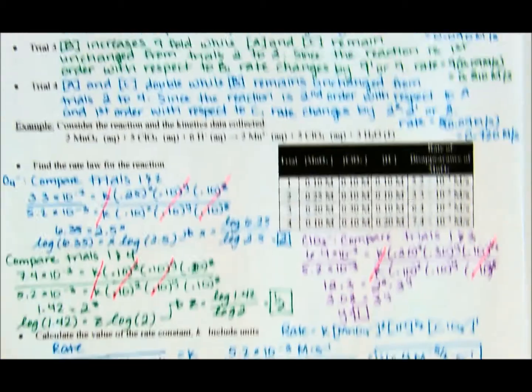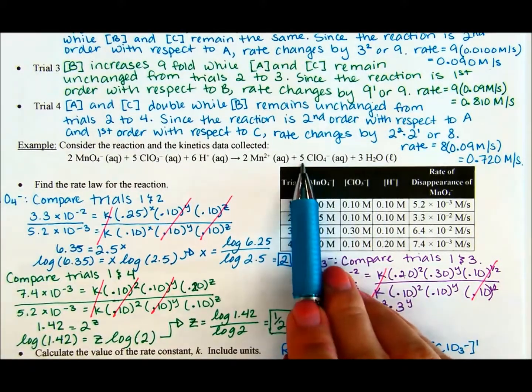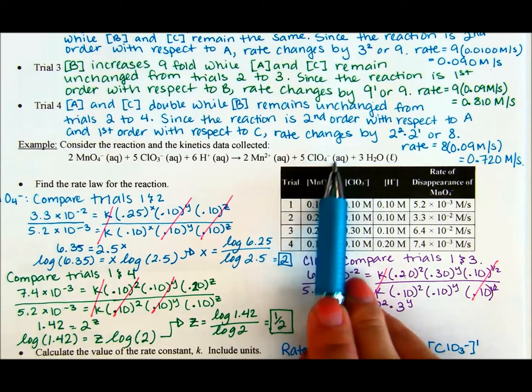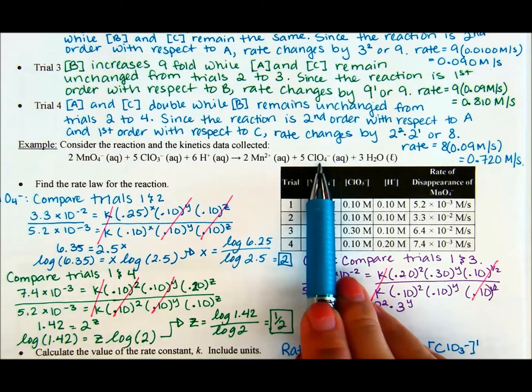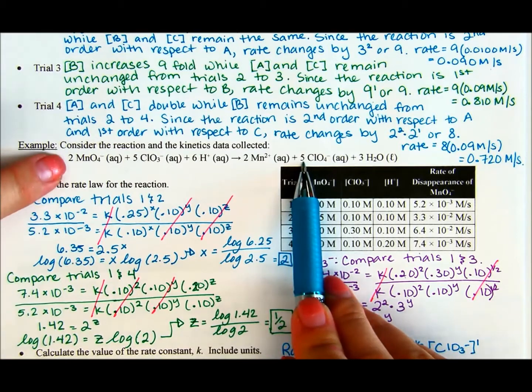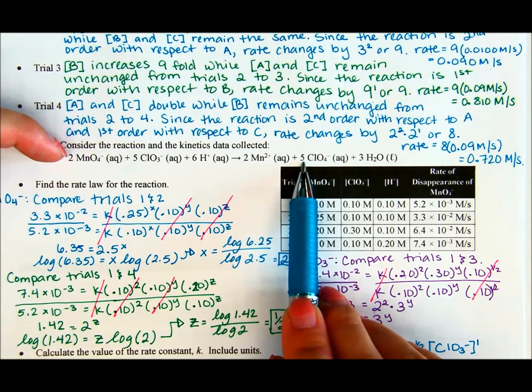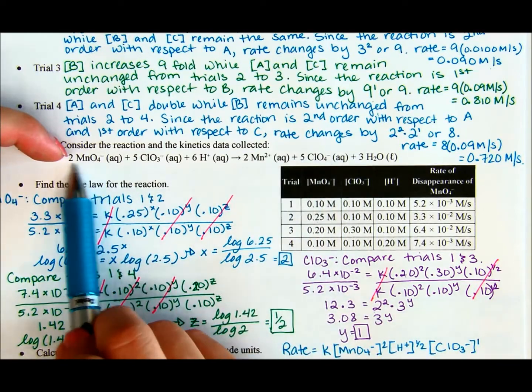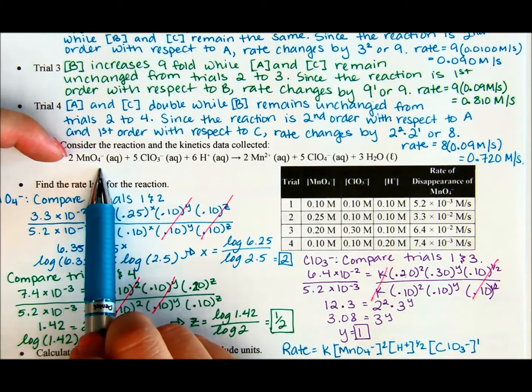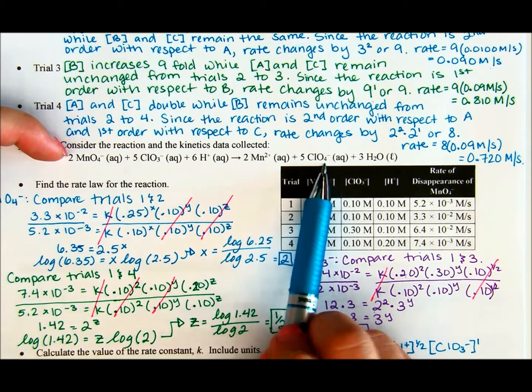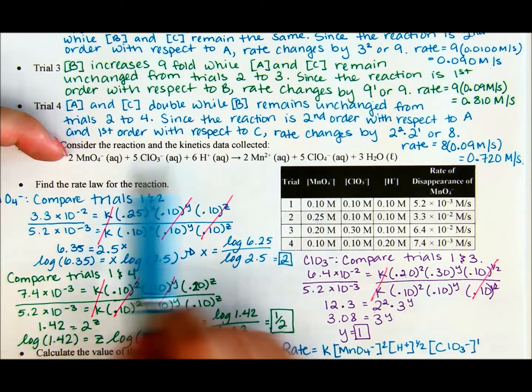If we look at our equation, the rate of ClO4 minus, and that's our product here, is 5/2 the rate of MnO4 minus disappearance. So for every 2 of these guys that get used up, 5 of these guys get made. So our rate is 5/2.